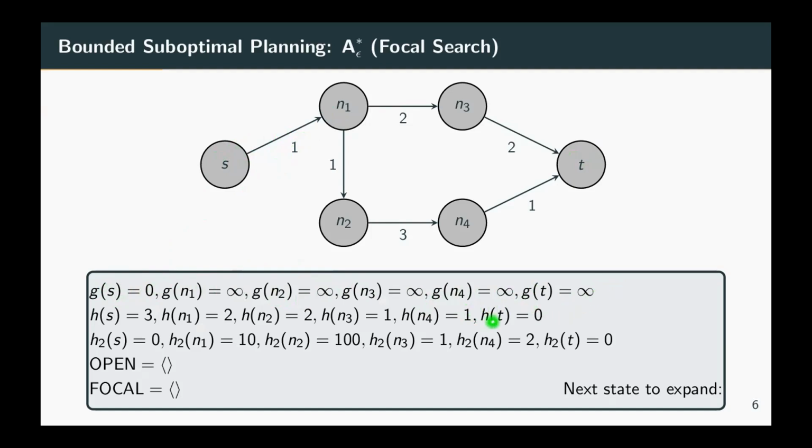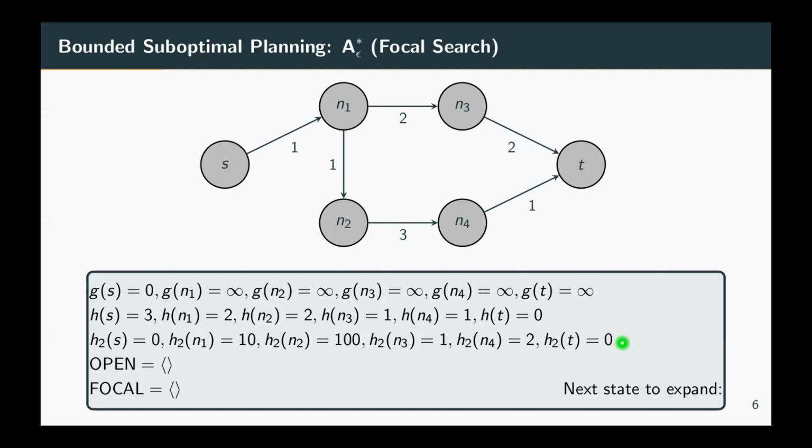So here's an example for the heuristic function that is admissible. And you can verify that it's admissible by computing the true cost for each state, and then making sure that H is smaller than the true cost. And then we have the second heuristic function, called H2 here.